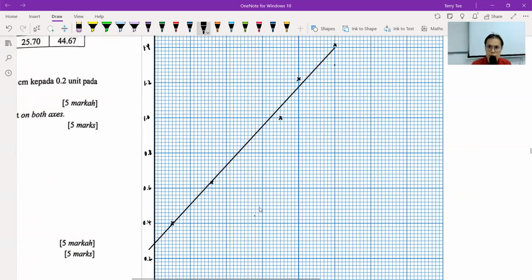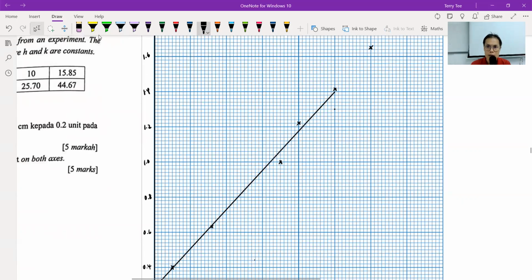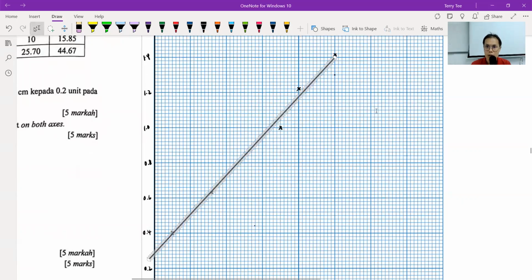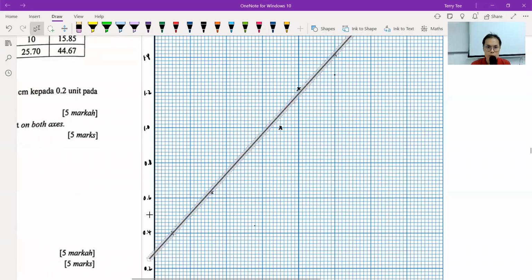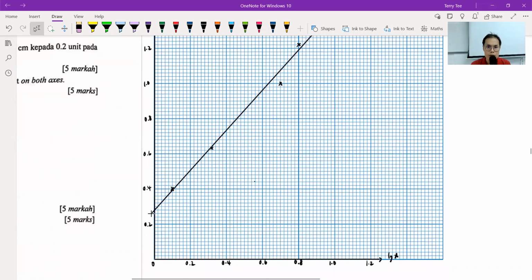I can see that in this case, right, maybe I adjust it. It may go up to here. See? Yeah. But one point is quite far away. We need to adjust this a bit. Make sure it's balanced. The number of points above and below must look about the same.